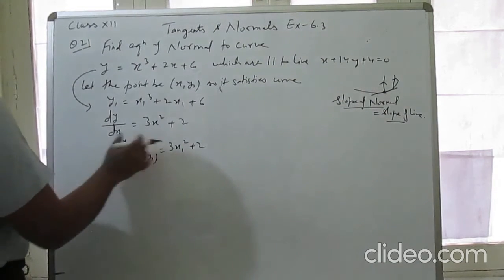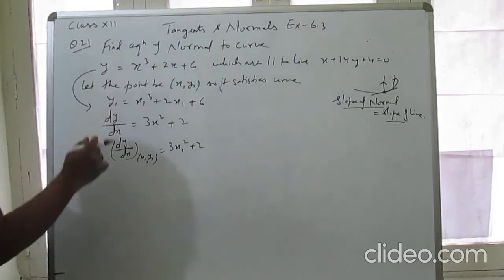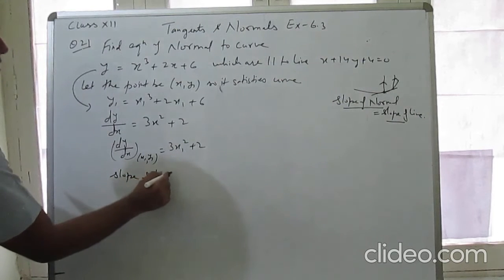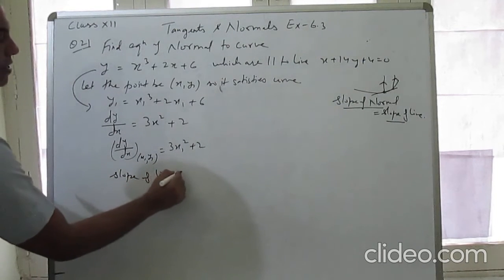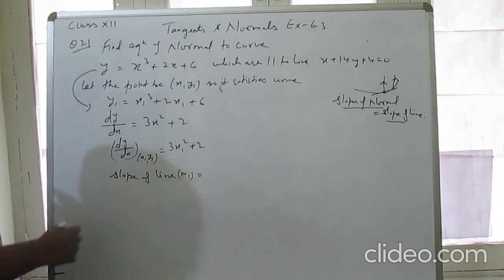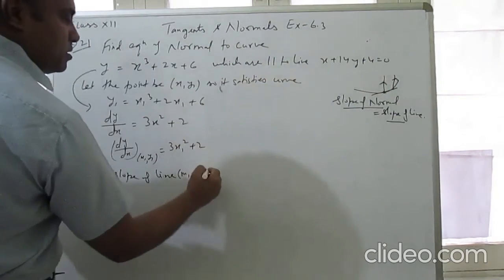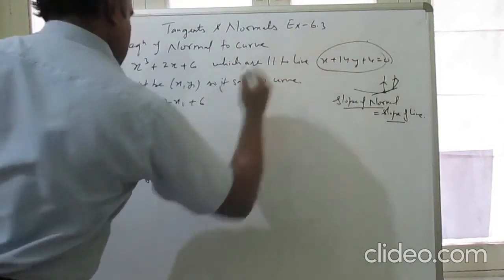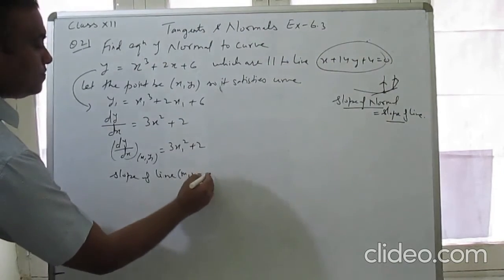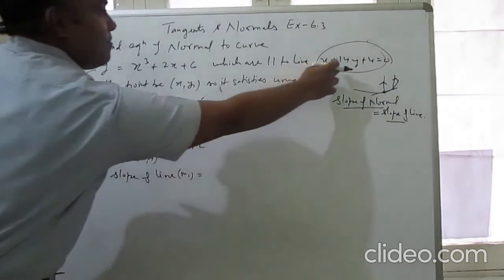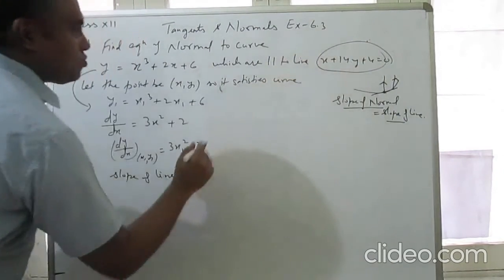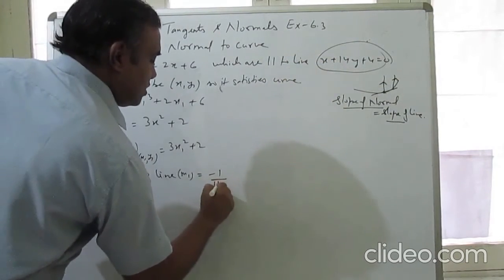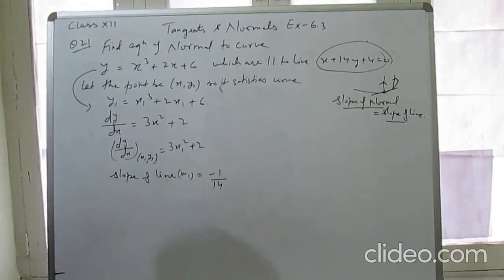Now the slope of the line, take it as m1. The slope of a line is minus coefficient of x upon coefficient of y. The line given is x plus 14y plus 4, so the slope is minus 1 upon 14. This is the slope of the line.